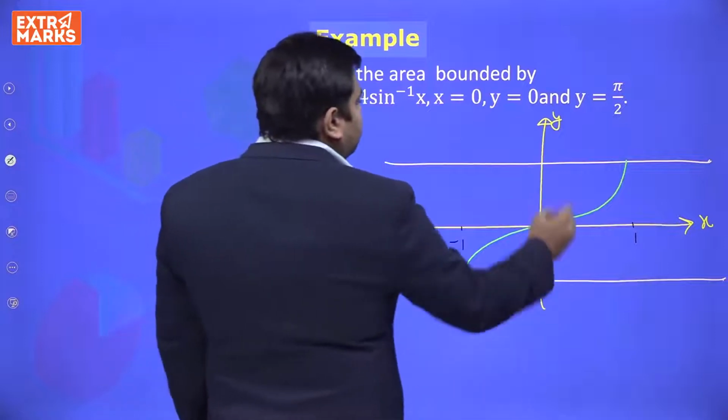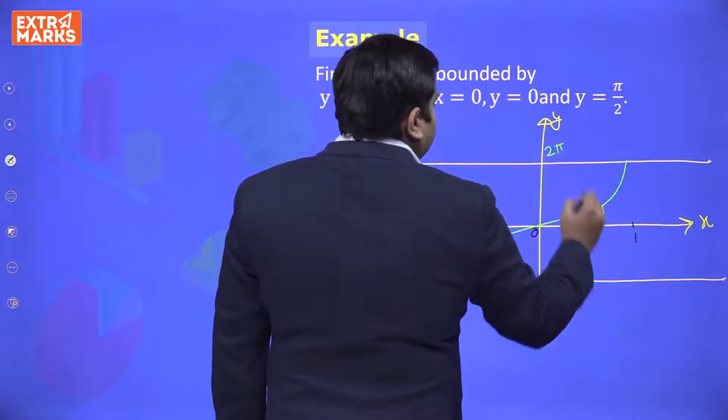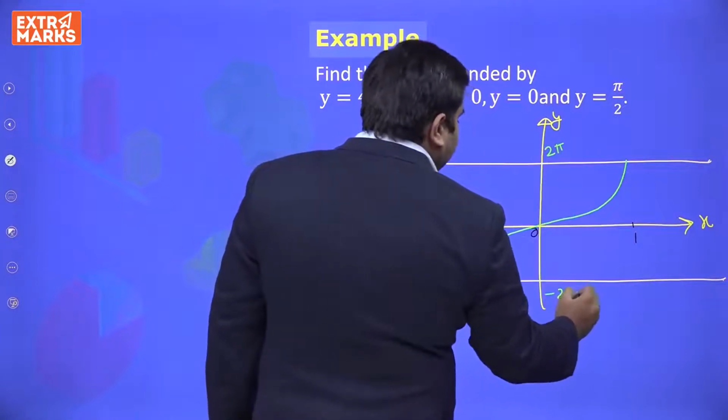So this is 0, this is 4 into pi by 2. So 4 into pi by 2 is what? 2 pi, and this is minus 2 pi, right?